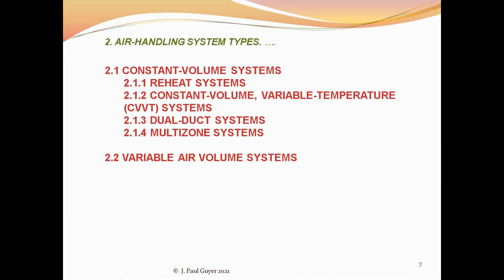So it's getting too hot in one zone. The thermostat in that zone tells its damper to open up and provide more air, and maybe another space is doing the same thing, saying, hey, I need some more air over here.